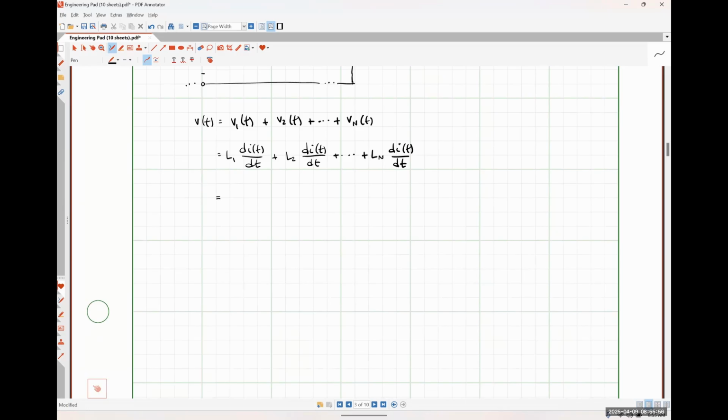And so I can lump all of those inductors together, L1 plus L2 all the way out to L sub n times the derivative of I with respect to time. And this would be equal to L_EQ times di by dt, where our equivalent inductance, L_EQ, is simply the sum of L1 plus L2 all the way out to L sub n, or in summation notation, the sum from i equals 1 to n of L sub i.